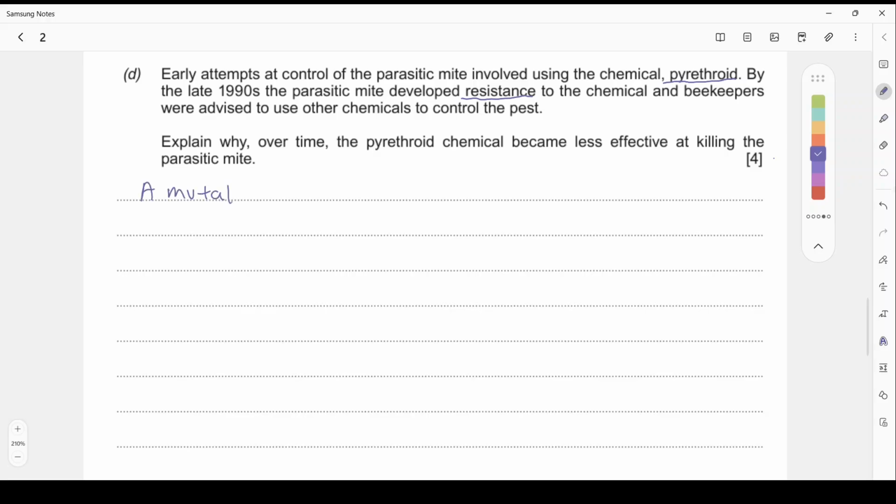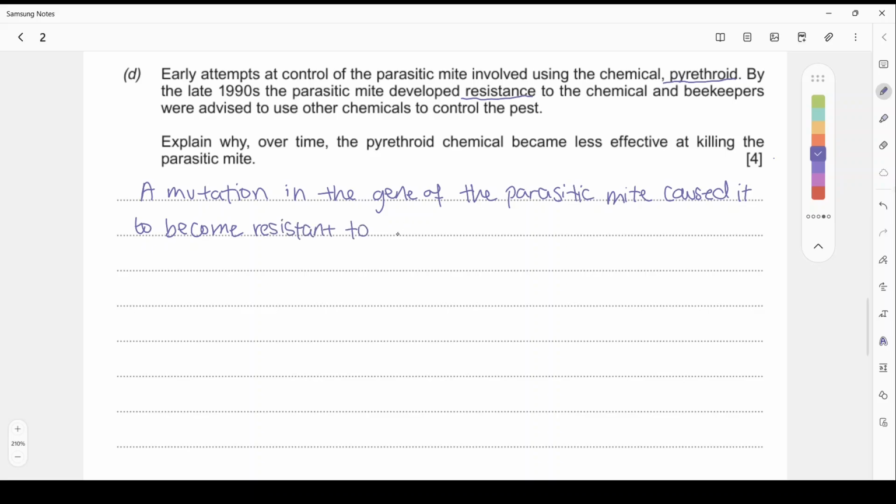A mutation in the gene of the parasitic mite caused it to, sorry, that's supposed to be become resistant to pyrethroid.